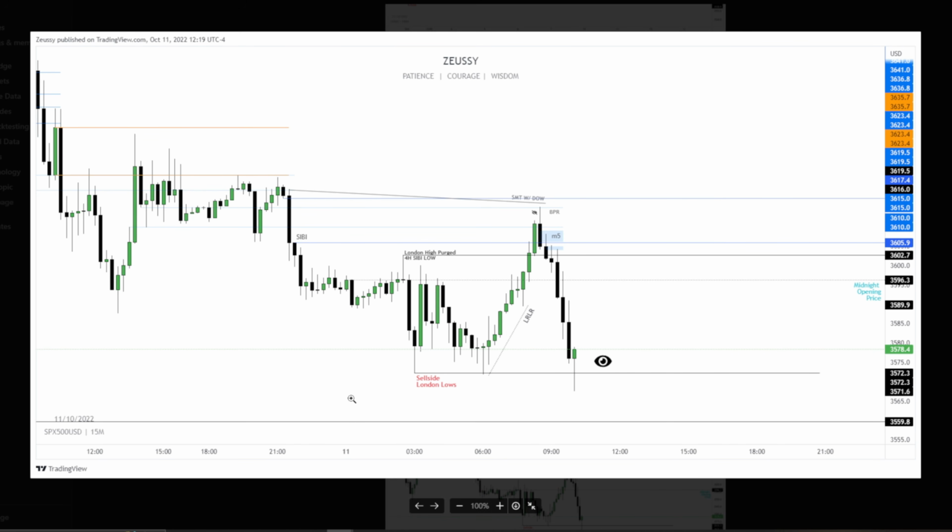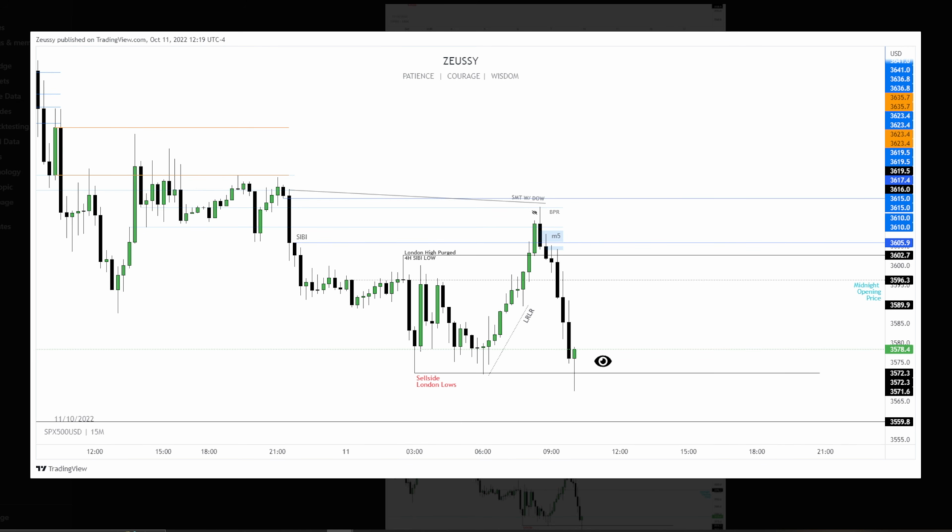Once I saw that price created this consolidation type delivery during the London kill zone, I expected the market to raid the London highs, rebalance that initial 4-hour fair value gap that I was talking about, or rebalance this 15-minute fair value gap here, and then sell off to take the London lows and maybe even take out the previous week low. Well, that didn't happen, but that's not a problem, because this is a really good trade.